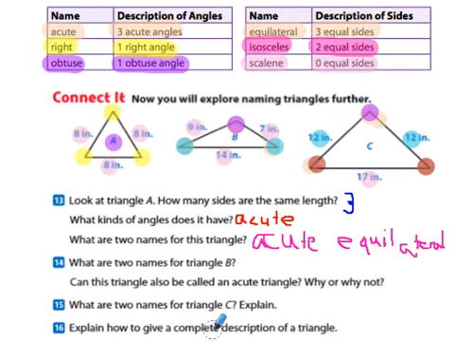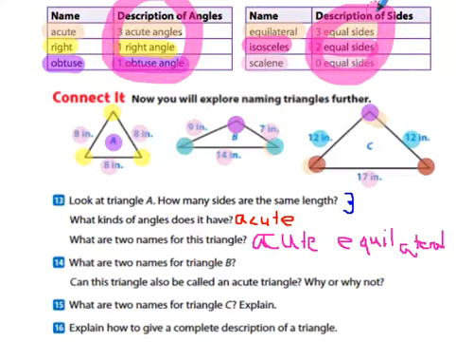So explain how to give a complete description of the triangle. Well, first, you want to look at the angles and decide what type of triangle it is based on those angles. Then you want to look at its sides and figure out what type of triangle it is based on the sides, and then you put those 2 words together. So we could have an acute equilateral.